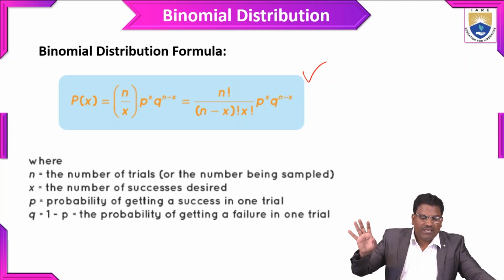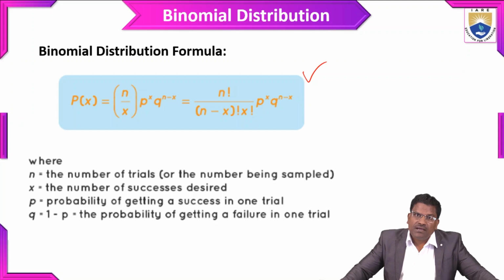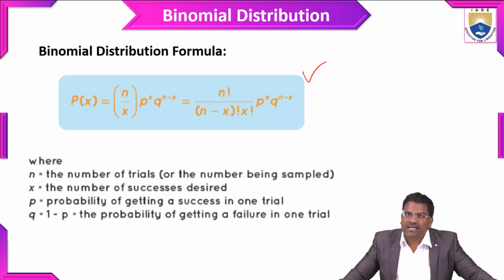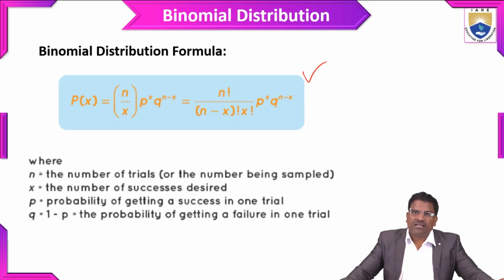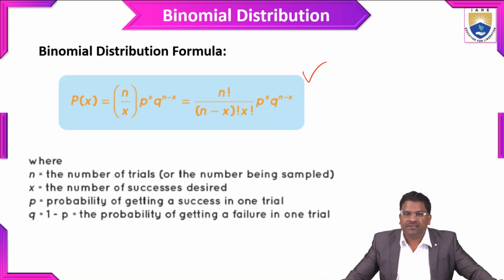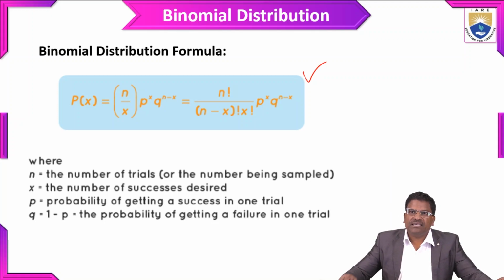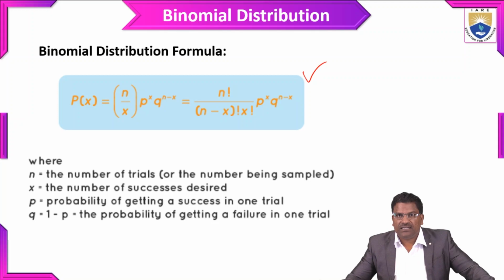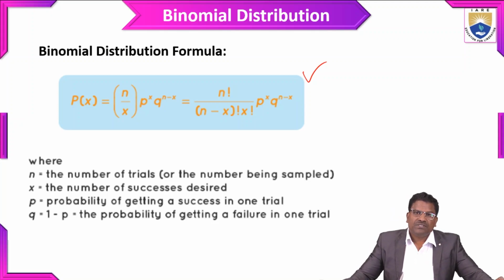Here n stands for the number of trials or the number being sampled. x stands for the number of successes desired. p stands for the probability of getting a success in one trial. q stands for 1 minus p. It is the failure probability in that trial.